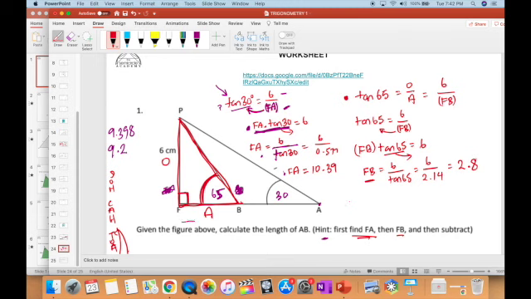So we could see here that FA, the long side, is 10.39, and FB, this short side, is 2.8.